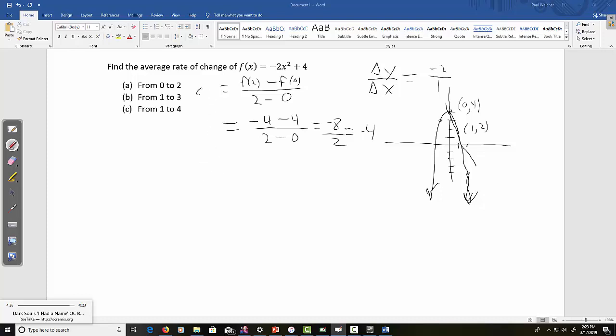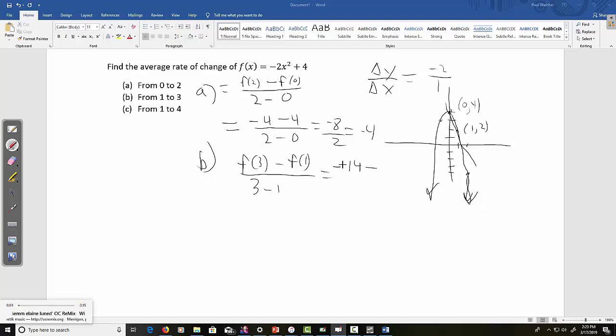Then b, 1 to 3. Well, that would be f of 3 minus f of 1 over 3 minus 1. So plug in 3, you get 9 times negative 2, that's negative 18 plus 4, so that would be negative 14, minus, plug in 1, that's negative 2 plus 4.